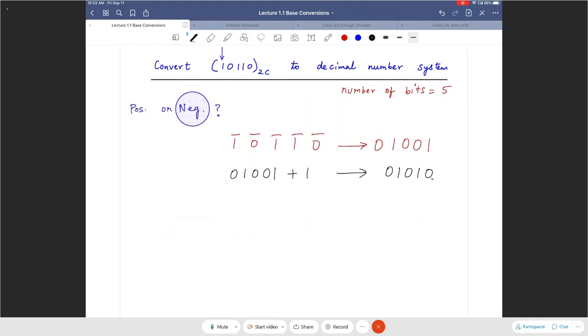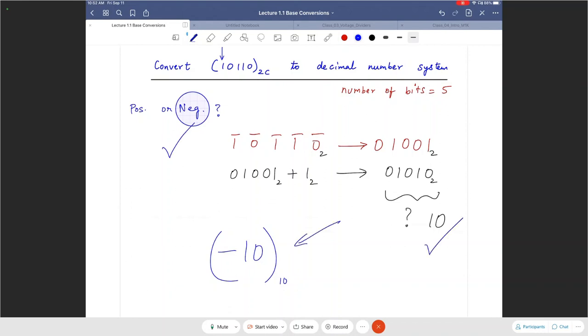This is in binary, everything is in binary. 0, 1, 0, 1, 0. What is that? 10. Perfect. So your answer is negative 10 in decimal. You got negative from here, you got 10 from here, and that's how you get your answer.